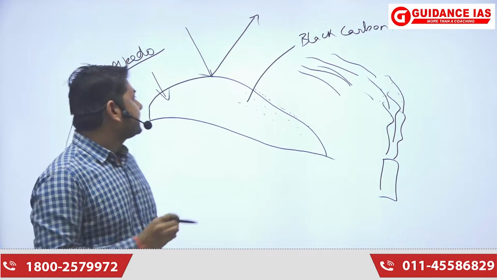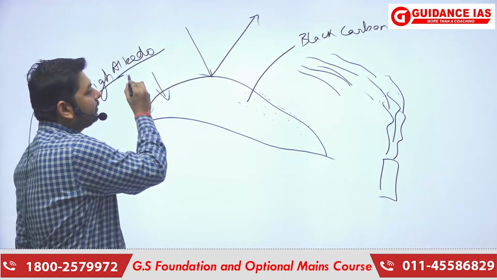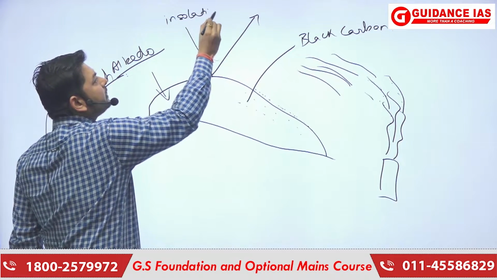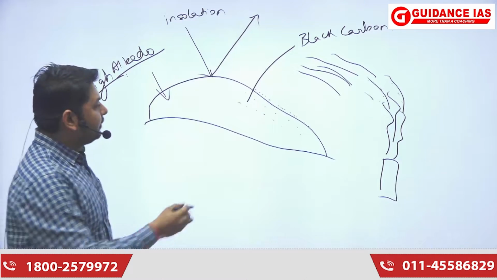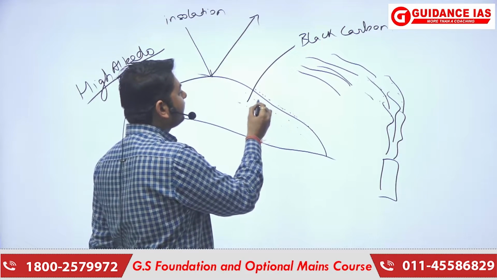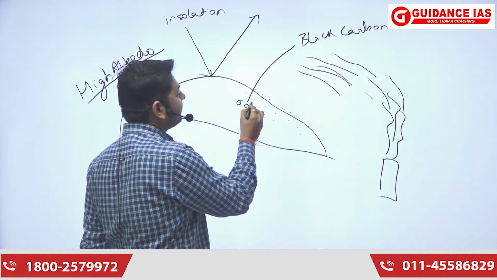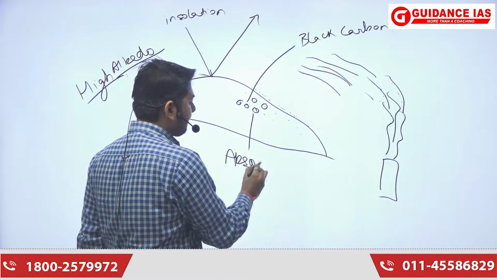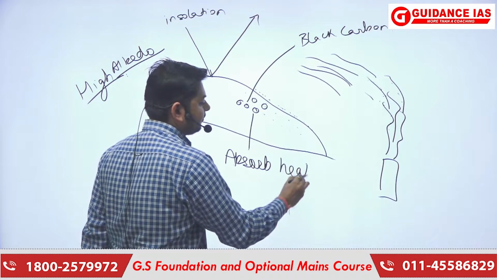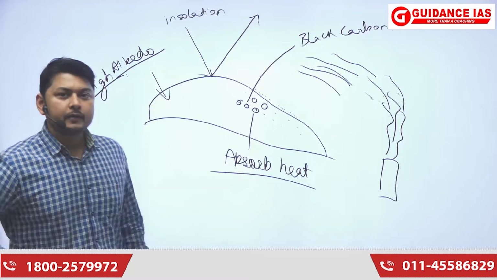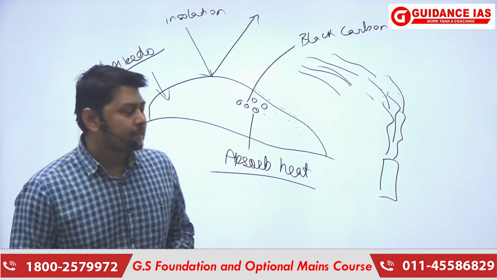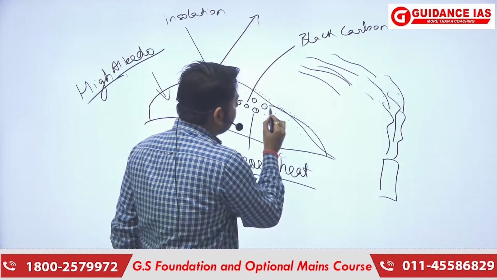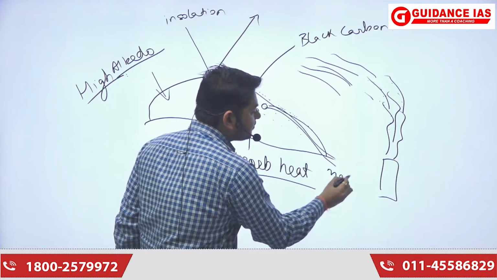Because of this high albedo, the maximum insolation is reflected back. But because of the presence of this black carbon, they absorb heat. And this leads to an increase in the temperature of these ice molecules, and it leads to their melting.